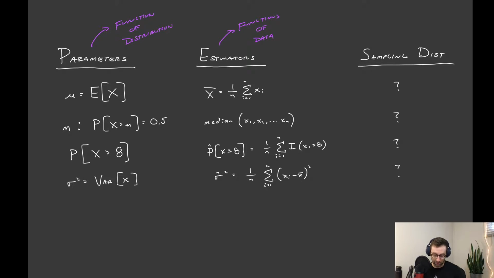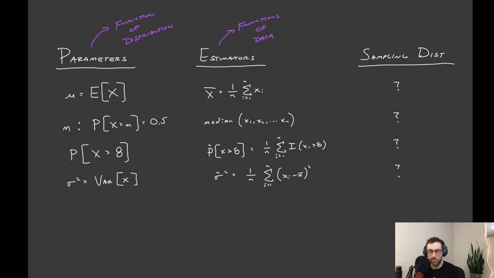In other words, counting up how many of the observations are greater than 8 and dividing by the number of observations. And lastly, we have a potential variance estimator, but we're not going to focus on that one as much.